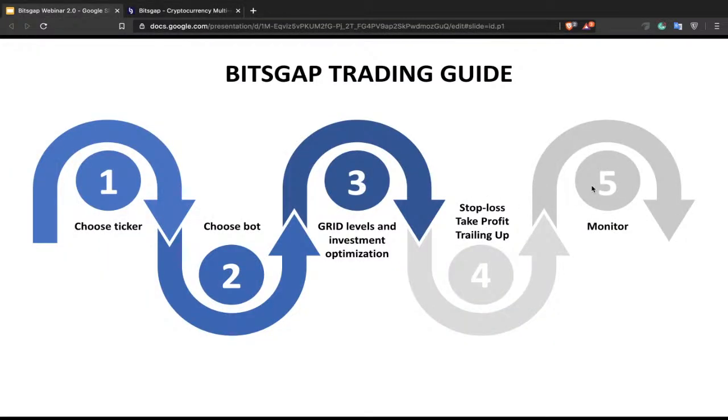And yeah, final step is to monitor the activity of your trading bot. It doesn't mean that you have to stay 24/7 in front of your computer. No, you should spend, from my experience, I take no more than 40 minutes per week. So approximately I check my trading bot's activity 4 times a week. And if I need to make some adjustments, it takes like 5 minutes, something like that.